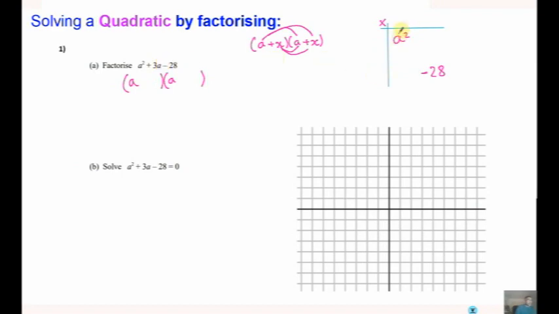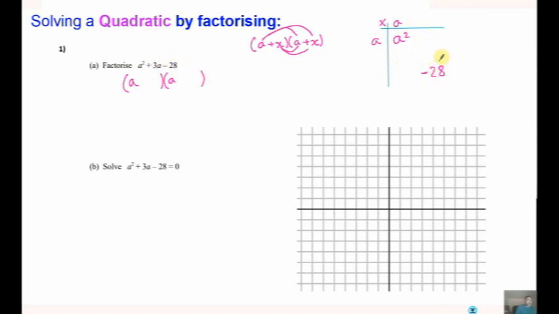To get a squared, there's only one simple way of doing that, that's a times a. So I've got the first part of my bracket sorted. Now I need two values here that multiply to minus 28, but add to 3.